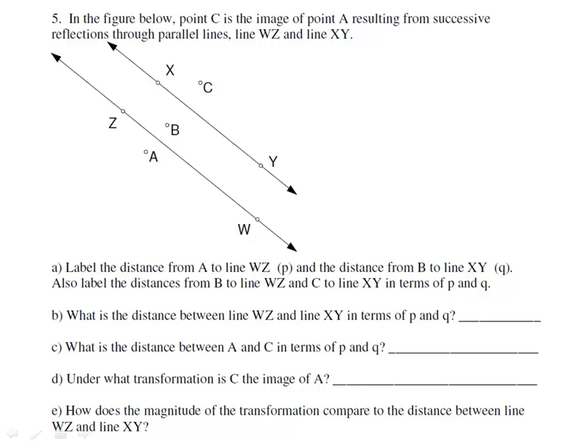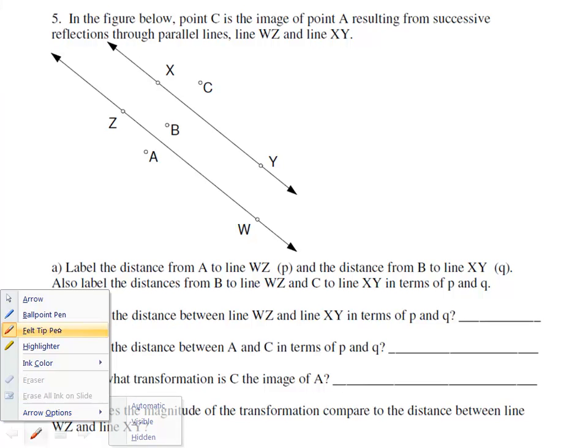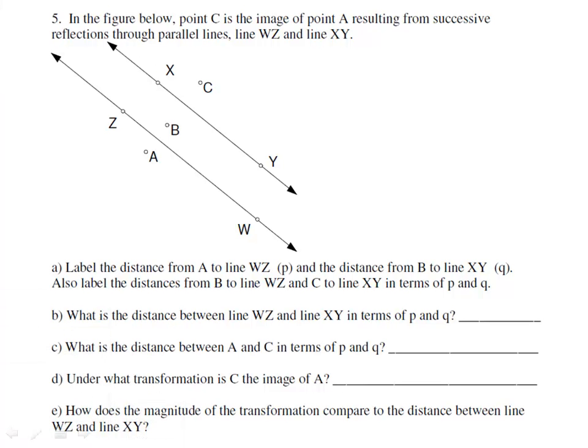We start with point A here, and after we've done that, we first reflect it across this line, and that's what gives us point B. Then we reflect it across this second line here, XY, and that gives us point C. So that's what they're talking about, successive reflections through the parallel lines.